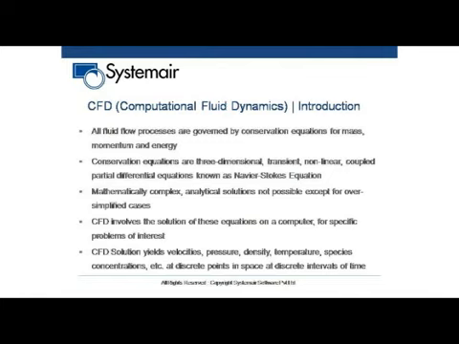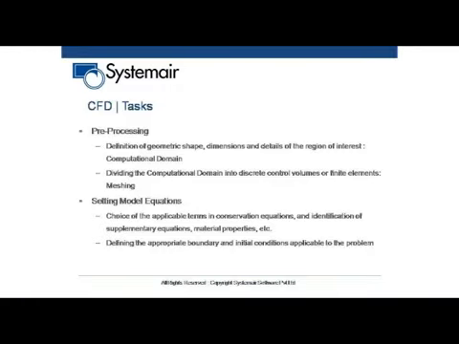One CFD solution can yield results like velocity, pressure, density, and temperature of fluids at different points in space and time. The tasks involved in CFD: first, we have to prepare the model, which is pre-processing. This basically means creating a 3D model of the geometry and dividing that model into small cells called meshes.